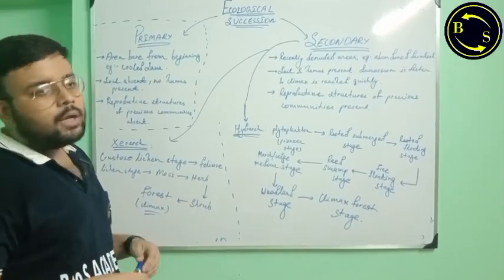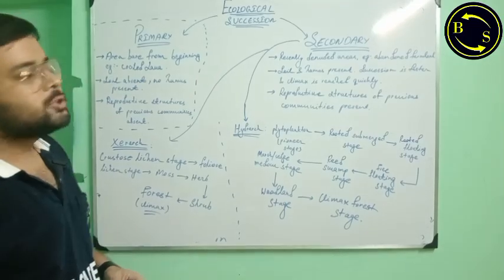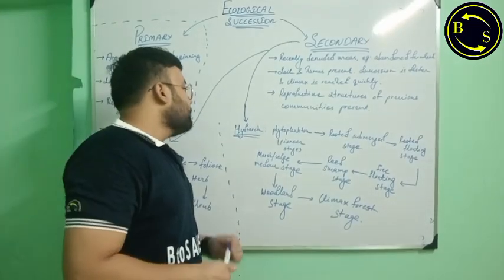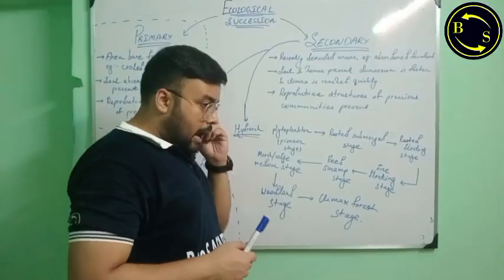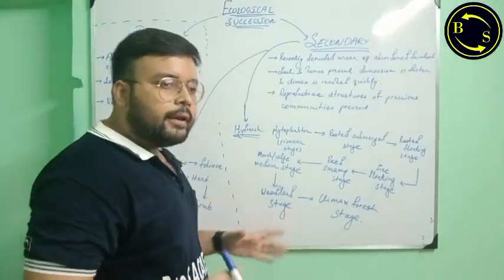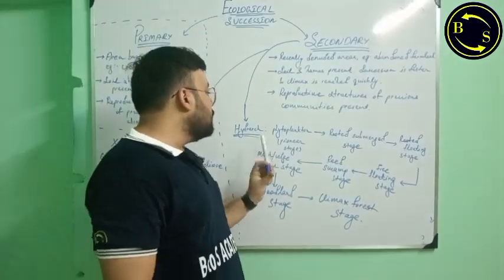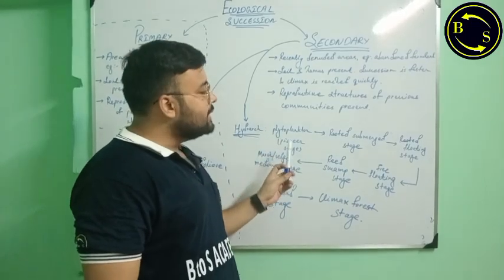In such a water body, hydrarch succession can be observed. It starts with the phytoplankton stage. At this stage the water body only contains phytoplanktons, and these are the pioneer communities or the pioneer stage.